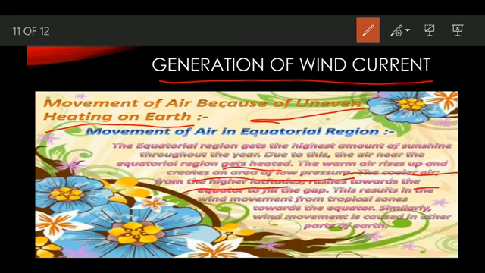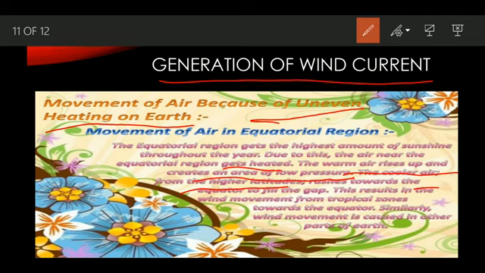At the equatorial places the surface becomes hot and the air also heats up and moves in the upward direction, and to fill these gaps, air comes from the cooler places or the higher latitude places, the places where the temperature is very cold and the atmospheric pressure is very high.